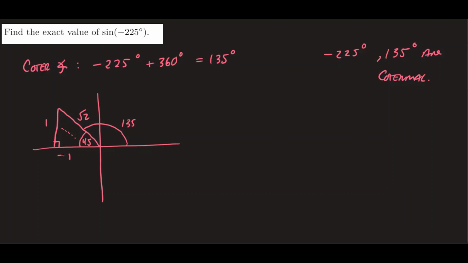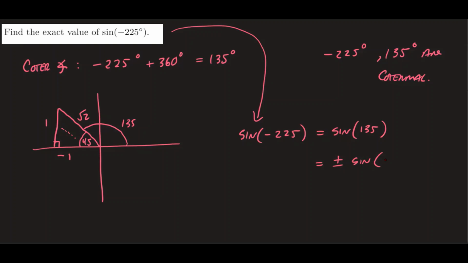All right, so we took care of all of that. Now we're ready to find the exact value. So sine of negative 225 is exactly the same as sine of 135. So we wrote it as a coterminal, and now we're going to use the reference angle to find its exact value. So sine of 135 is equivalent to plus and minus sine of its reference angle, which is 45.